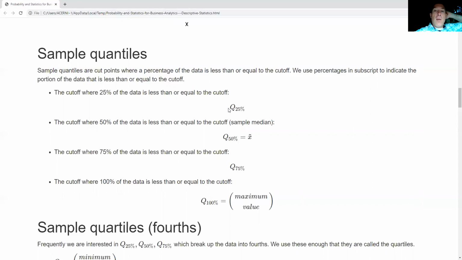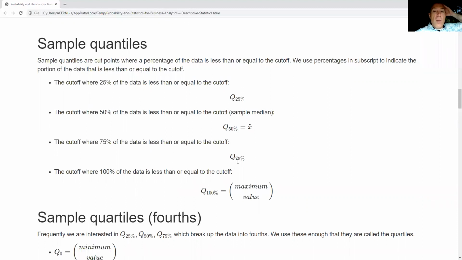We'll call these the first, second, and third quartiles in a moment, because they come up a lot. We use these three to break up our data into 4 groups, and those 4 groups will be approximately the same size.